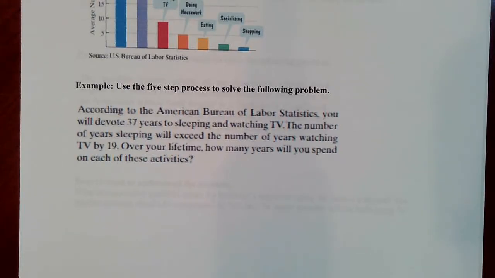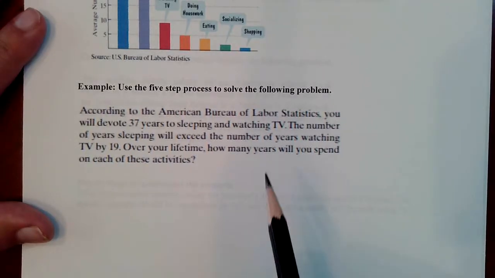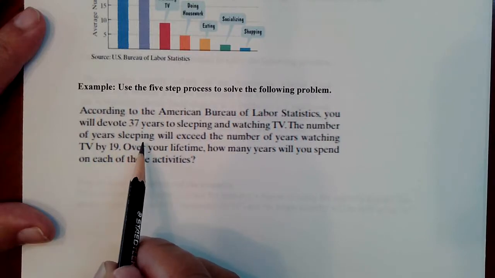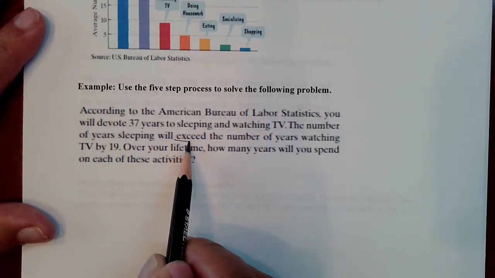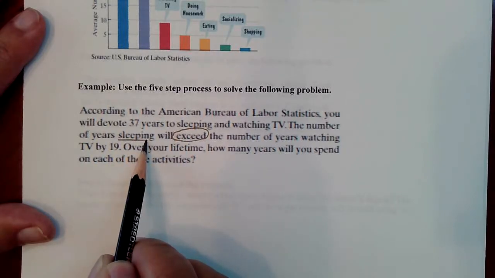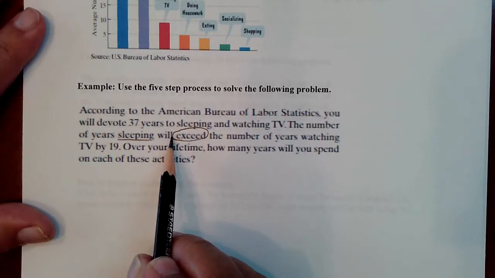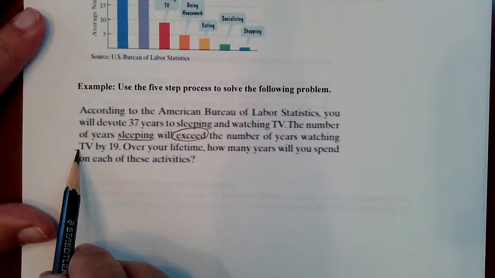So you really want to pay attention to trying to identify what that simplistic expression is, or the smaller quantity. The number of years that you spend sleeping will exceed. That's a key word right there that tells you sleeping. You're spending more time. It is the bigger quantity than you are spending watching TV.